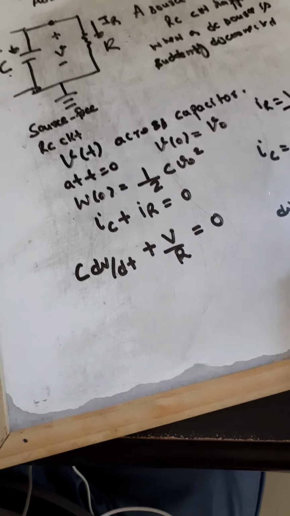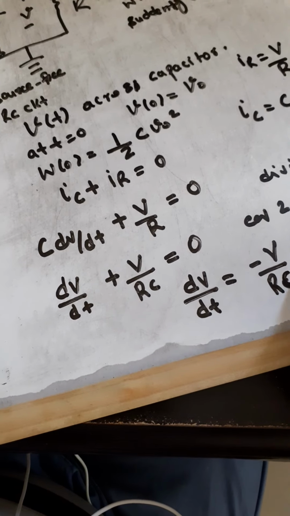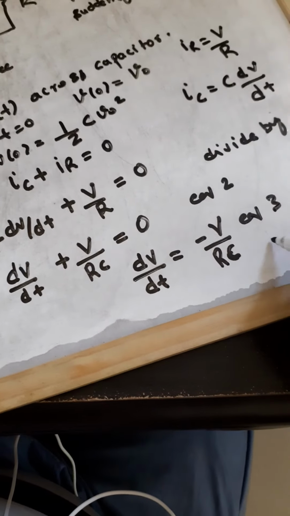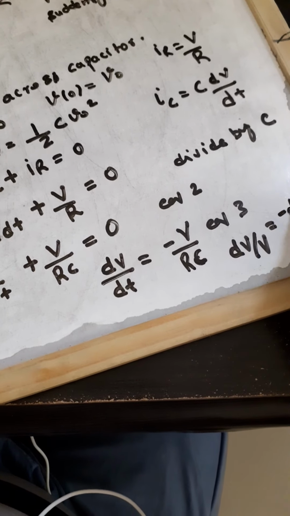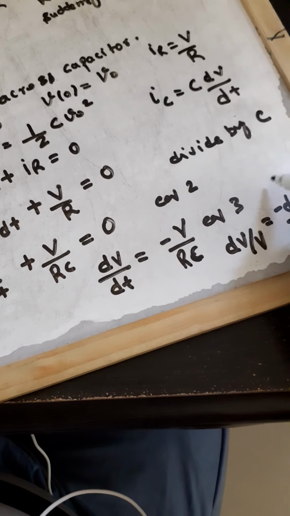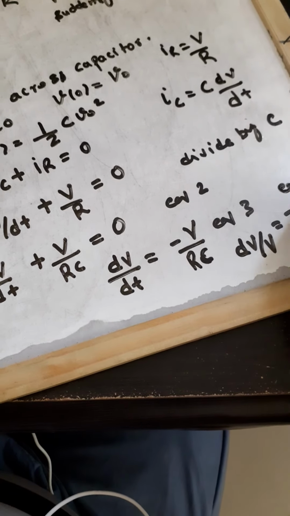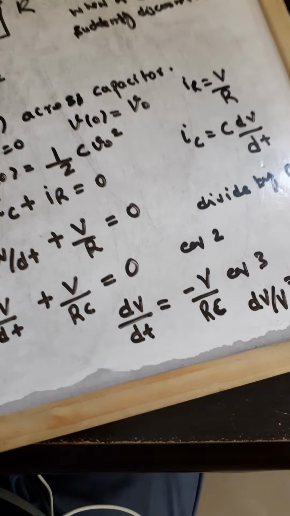This is equation 2. Now we can write dV by dt is equal to minus V by RC. This is equation 3. Also we can write dV by V is equal to minus dt by RC. This is my equation 4.